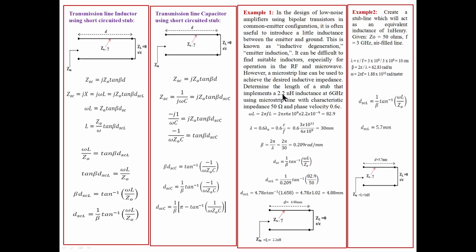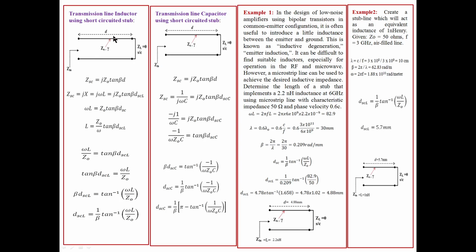So how to implement 2.2 nanohenry at 6 gigahertz? They ask you to use a shorted stub. The only thing is you should find out what the length of the line should be to get that particular inductor value at 6 gigahertz.